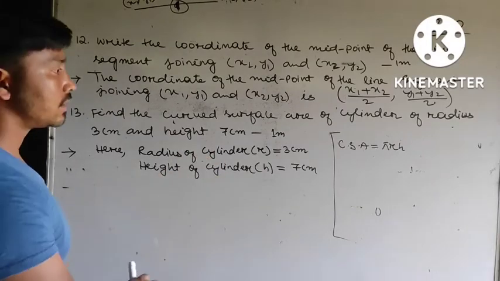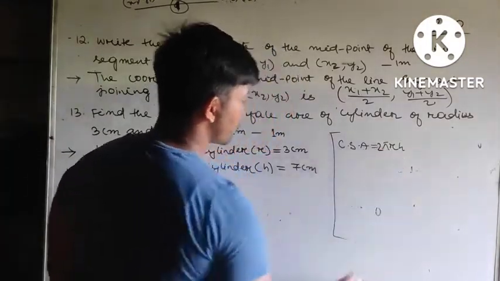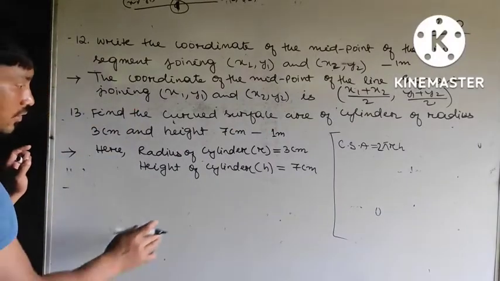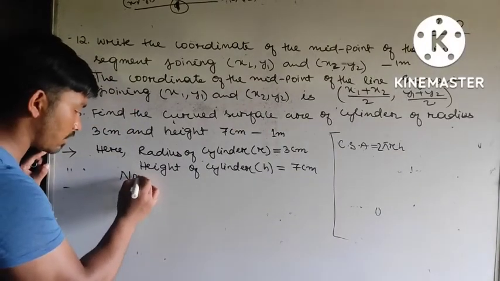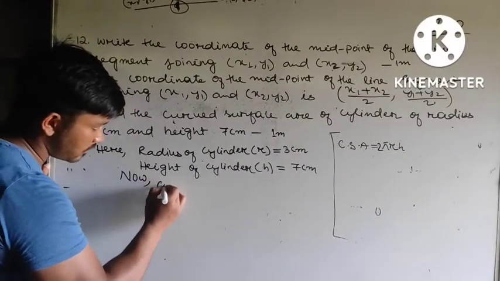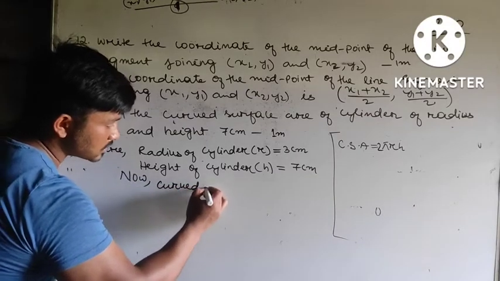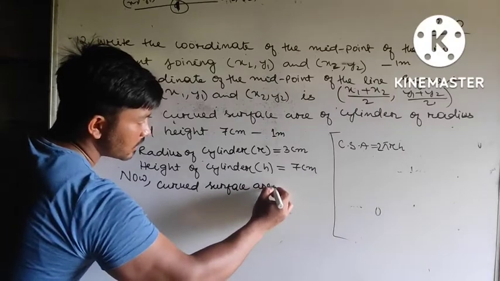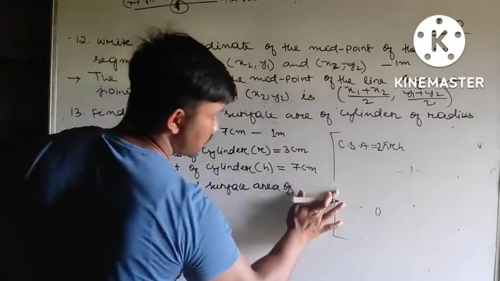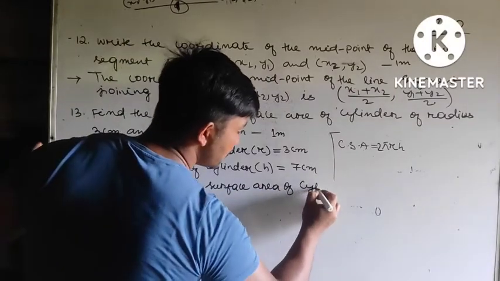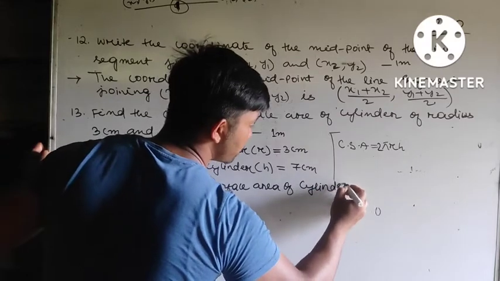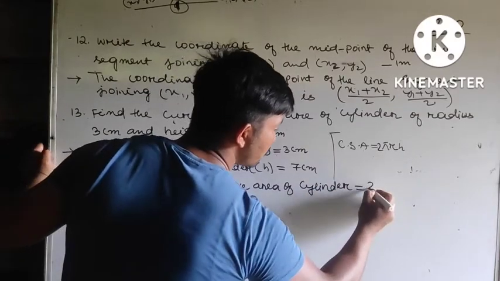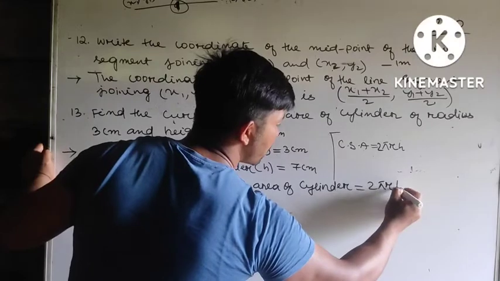So now let's find the curved surface area of the cylinder, which is 2 pi r h.